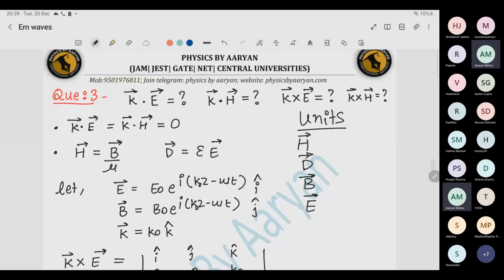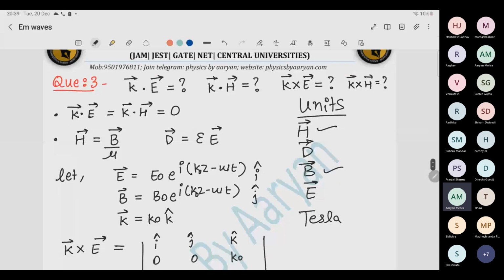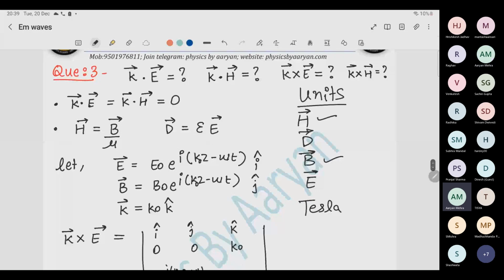If I give you Tesla as a unit of magnetic field, is it a unit of H or is it a unit of B? B. Are you sure about that? So if Tesla is a unit of B, then what is the unit of H?